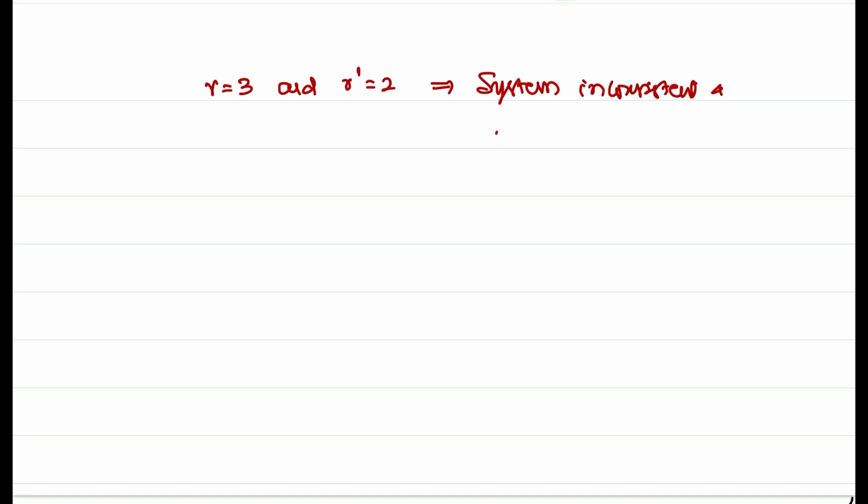In our particular problem, R is equal to 3 and R dash is equal to 2. It means the system is inconsistent and the simultaneous equations have no solution. This is the answer.